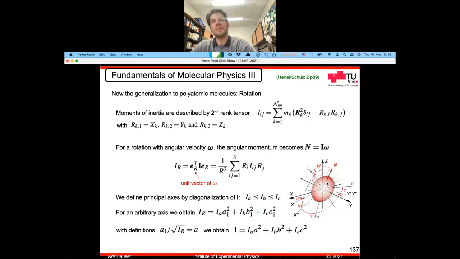Because, for example, if you think about this object rotating along the c-axis, then the way it's shown here in this picture, it seems that this would be the axis where we have a maximum of moment of inertia if we really think of this egg as the actual physical object in space filled with some mass.